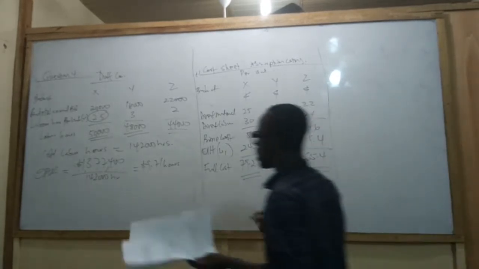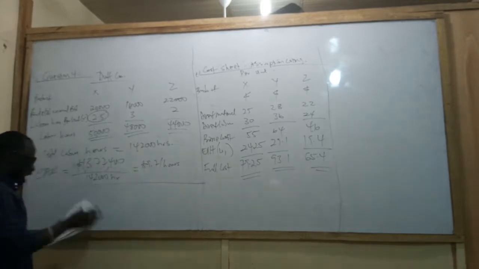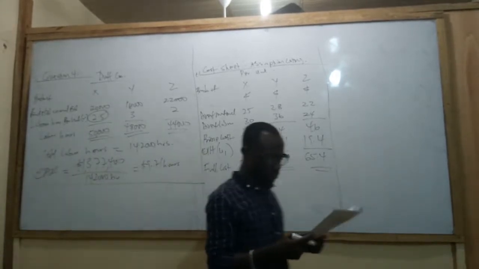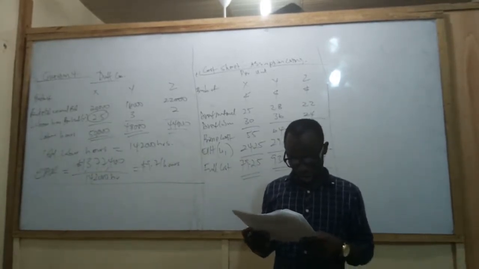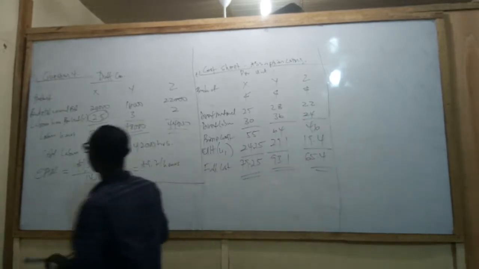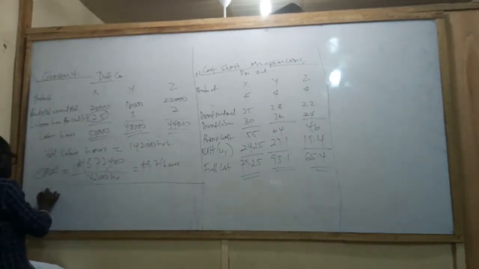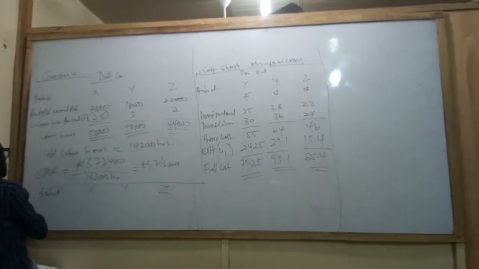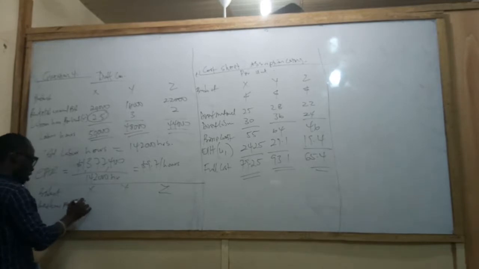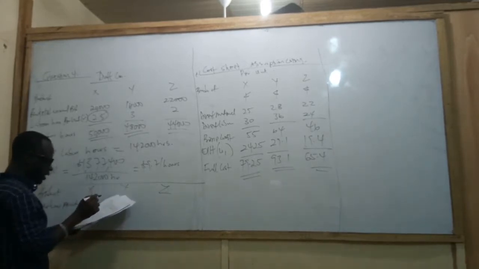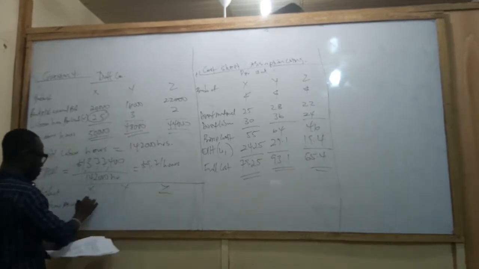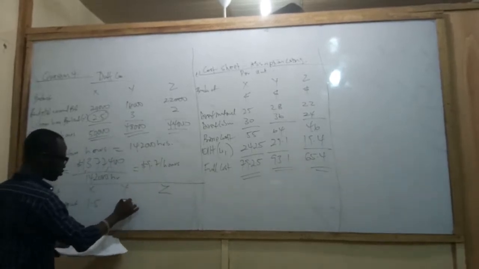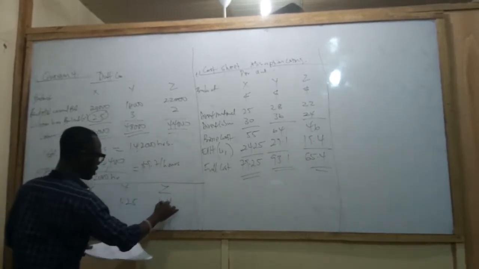So we need to get the machine hours. How do we do that? Do we already have machine hours for each product? We've been given per unit, right? So we can get for each product. So let's put it down. X, Y, Z. Machine hours per unit. What are the machine hours per unit? 1.5, 1.25, 1.4.